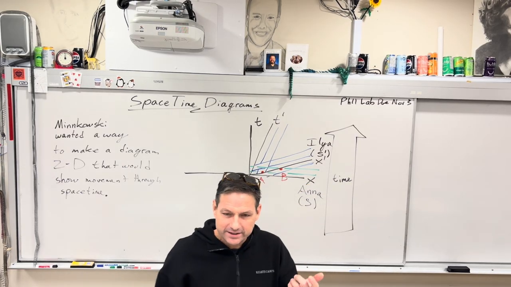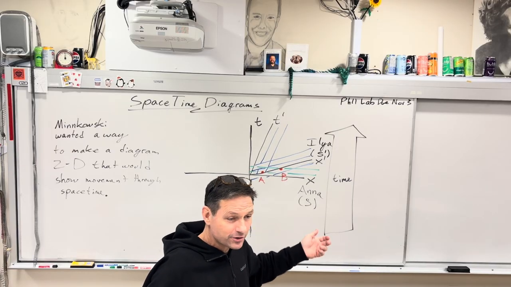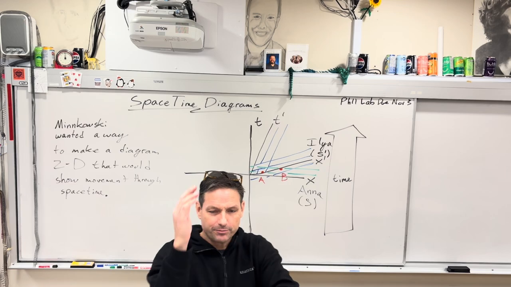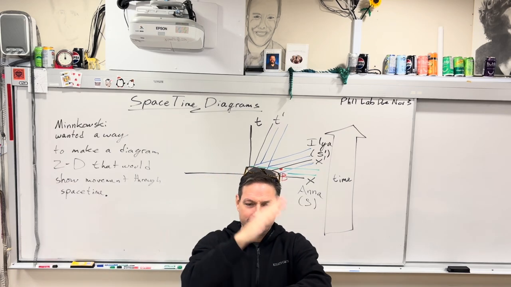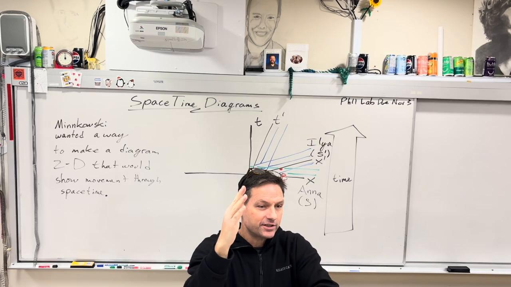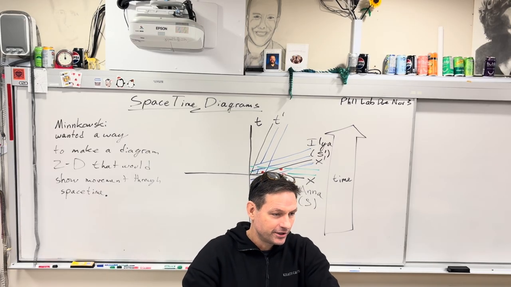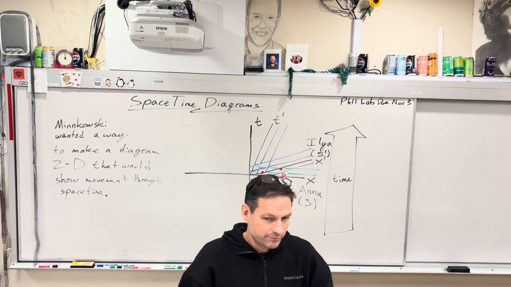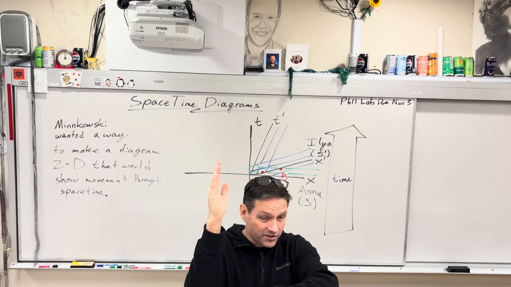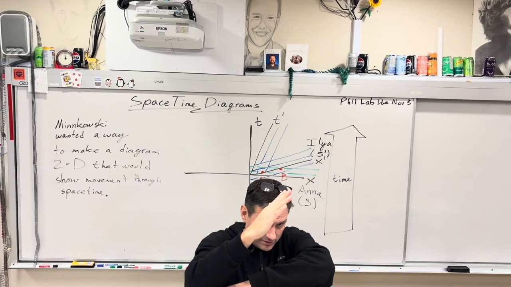Minkowski had a great idea to show this because there's no other way to show it. You can't just say, well, we'll keep the graph paper the same, but we'll just make it really steep or something. That's just moving faster through a normal space-time, right? The only way to show it is to show that space and time themselves tilt.